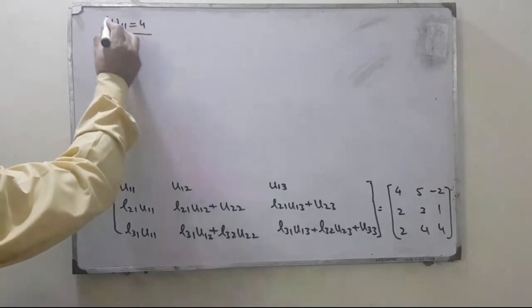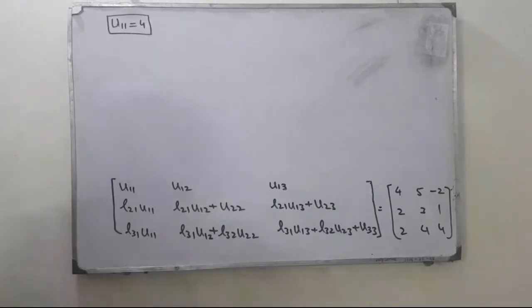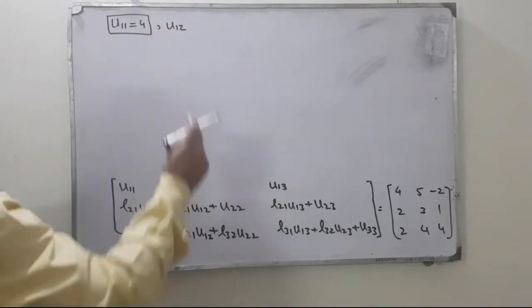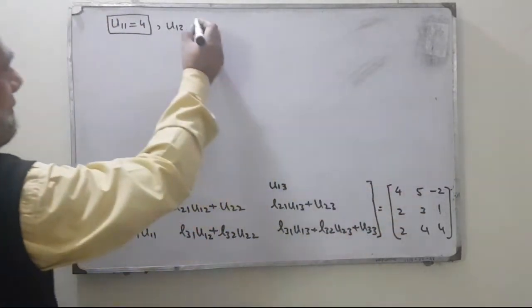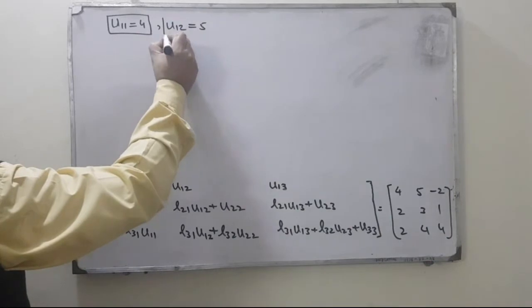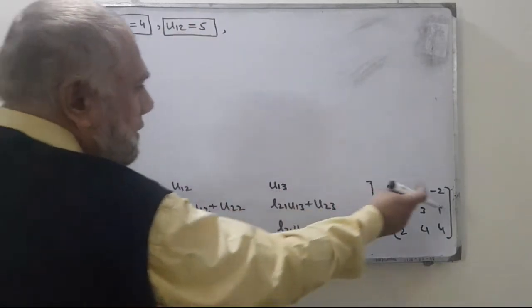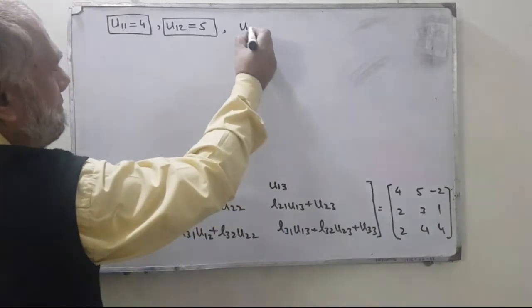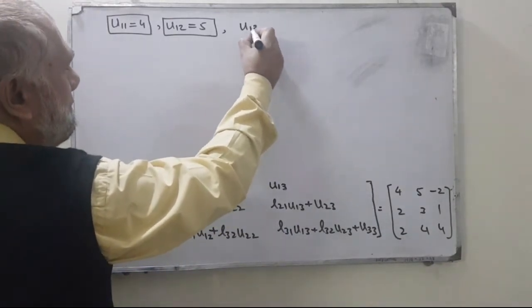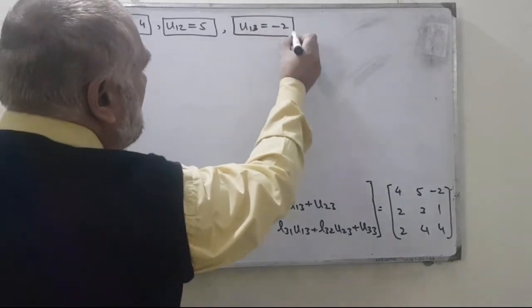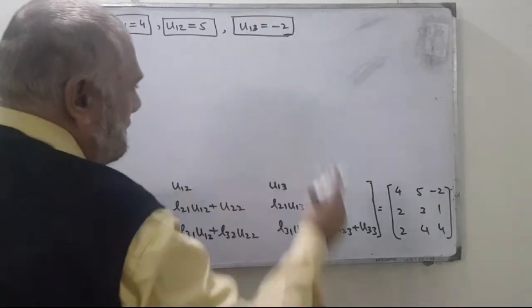So we got the first unknown out of 9, because L and U collectively contain 9 unknowns. Similarly, U12 on this side is equal to 5. This is your second unknown. Comparing U13 with this gives -2. So we got the first 3 unknowns very easily.